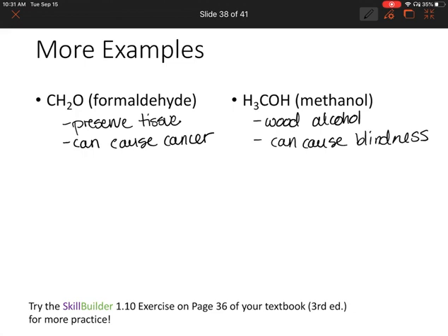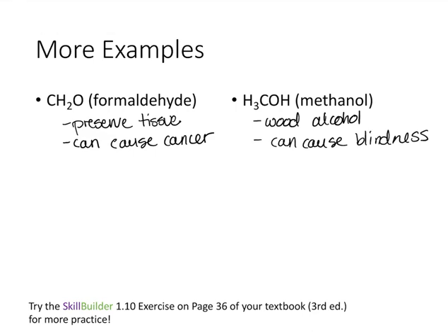The typical alcohol that people drink is called ethanol. Ethanol has 2 carbons and a few more hydrogens than methanol, and that makes all the difference, which is kind of interesting. Okay, so let's draw the Lewis structures for these two.